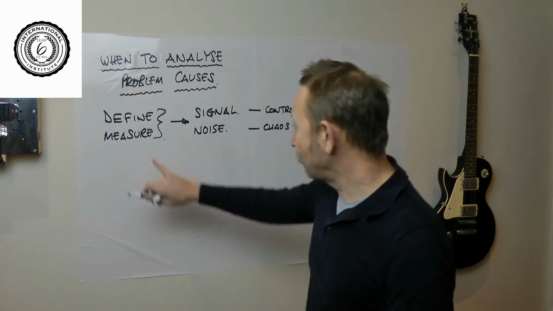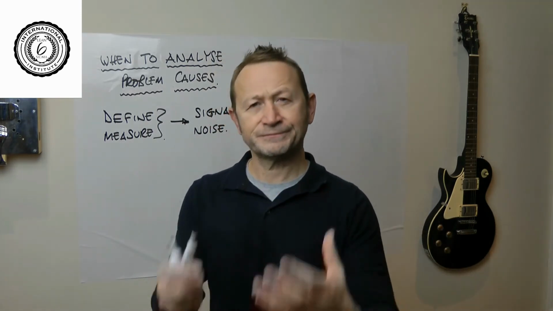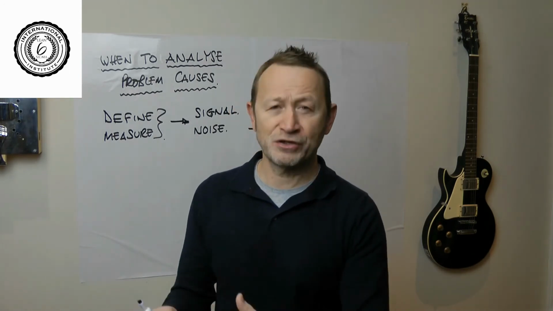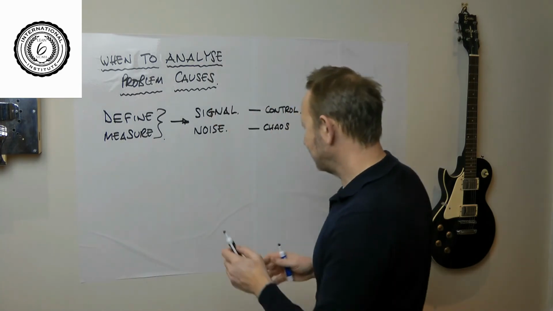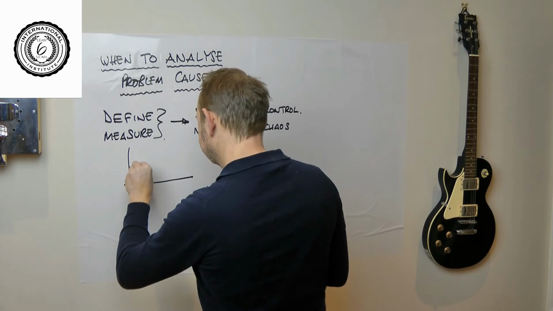Let me show you. So when you're doing the measurement phase, you're going to start collecting data on your measurement of choice, your measure of success. So what I want you to do is plot a graph. First of all, run chart.